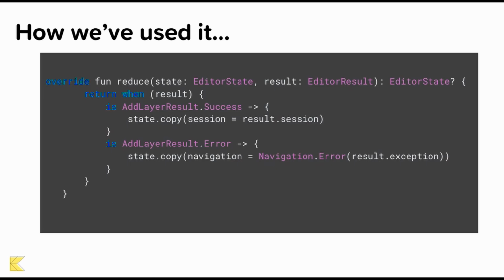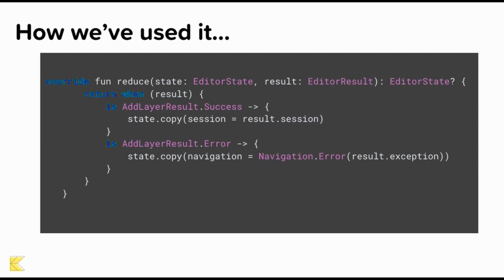So this is an example of how we've used it. This is a reduce function, which you'll probably know a bit more about if you do MVI, but don't worry too much about that. You can see the when statement we've used here is on the result object, which is the editor result, a sealed class. This is basically a switch case in Java.